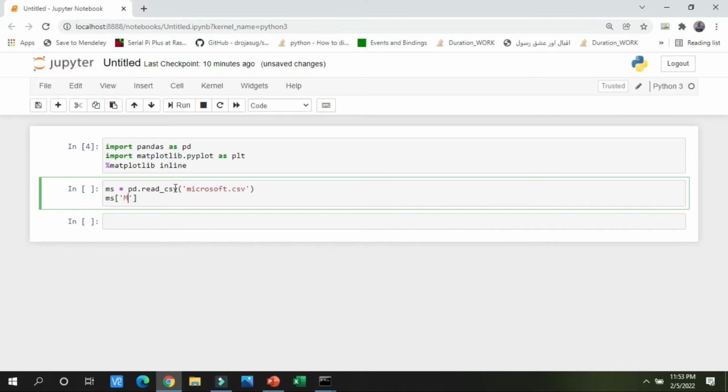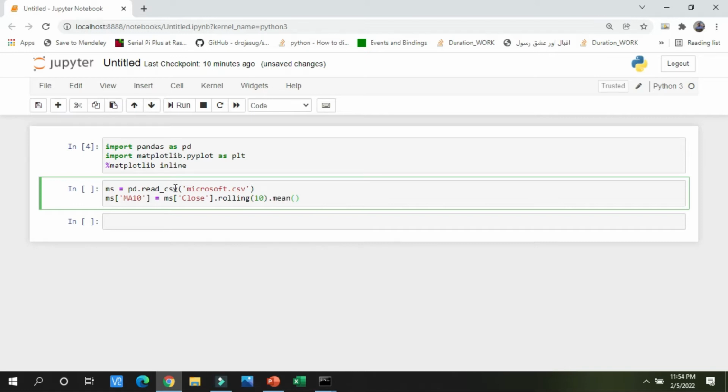After this I want to add the moving average signal as a column immediately. I am calculating the moving average of 10 days. MA10 is equal to, I will write the code from the last lecture, that is ms, the close column which is already present, dot rolling, and I calculate the moving average of 10 days.